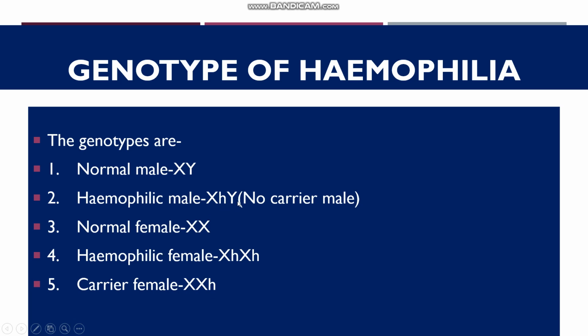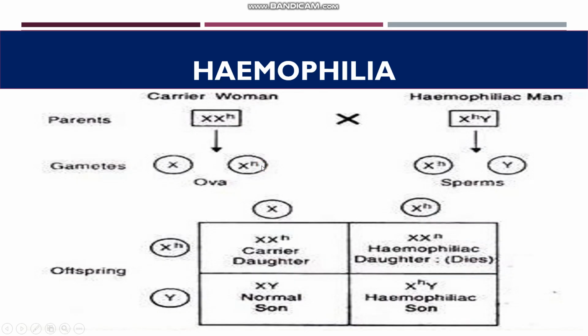Why is no H written on the Y? Because the Y chromosome does not carry any allele for the gene. That is why a hemophilic male is written as only XHY. A hemophilic female is denoted as XHXH, and a carrier female is denoted as XXH. So these are the genotypes of hemophilia.